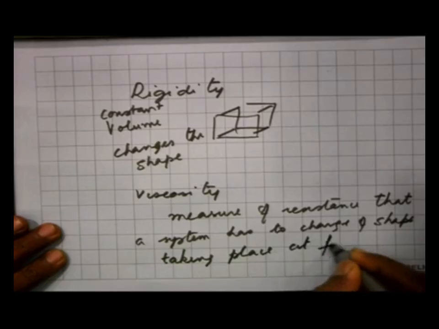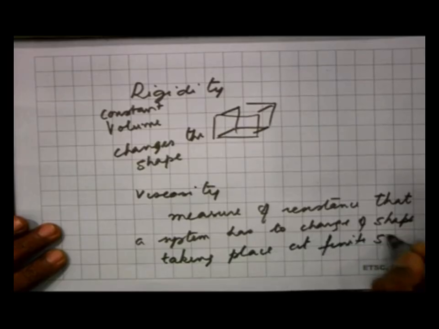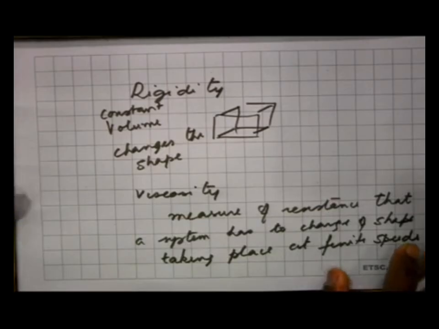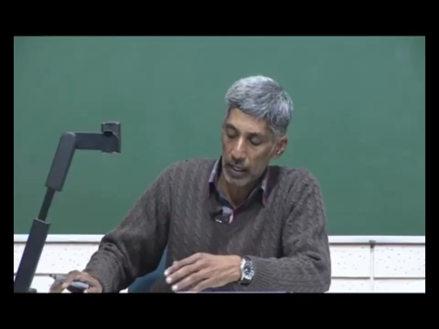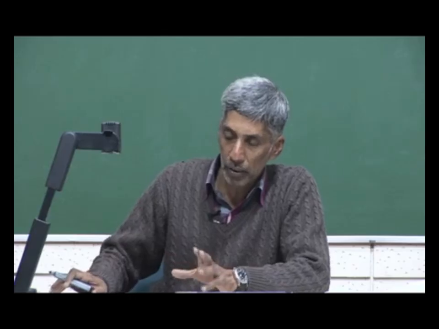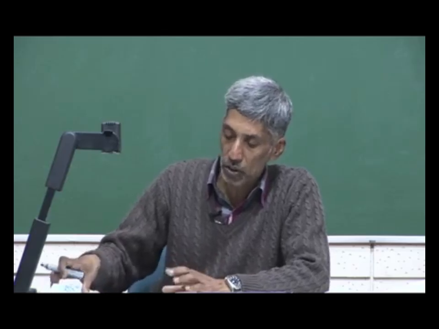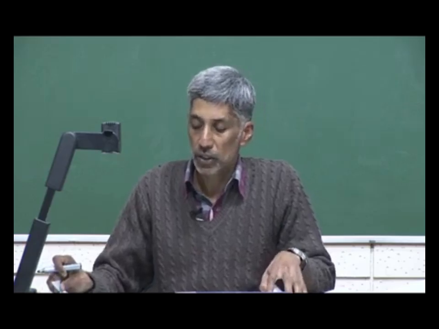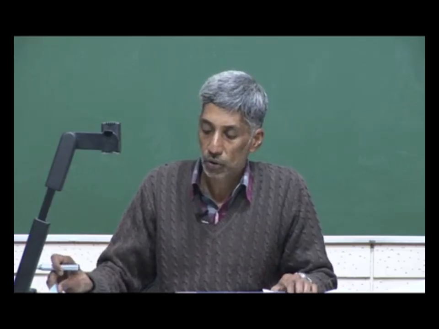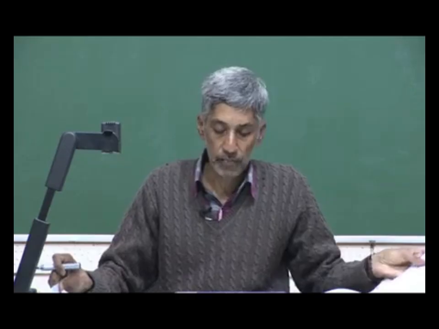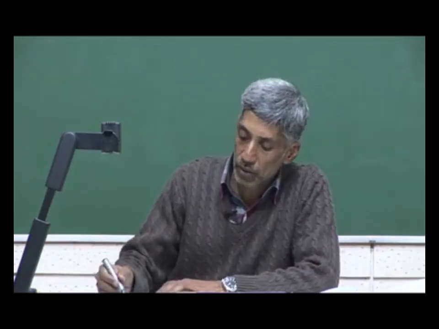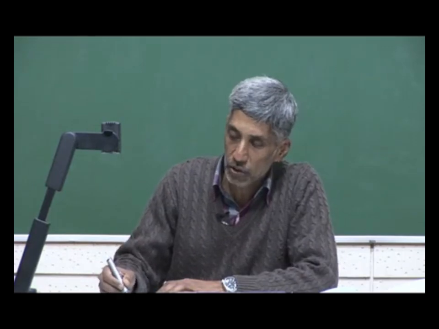And although one might not have an appreciation of the exact definitions of rigidity, compressibility and viscosity, one has in our heads a typical idea of what they mean. So, it is on this basis that one characterizes a state of matter as being solid, liquid or gas. So, let us first look at some of the characteristic properties of these three states of matter.